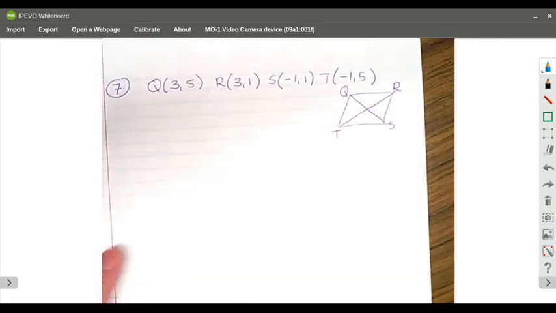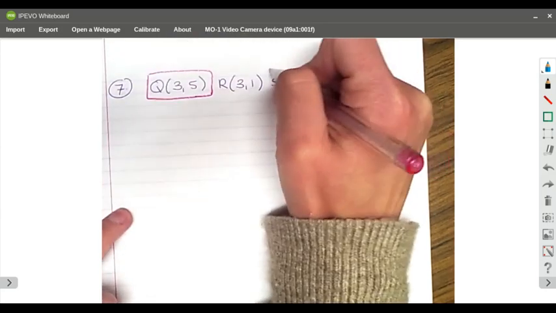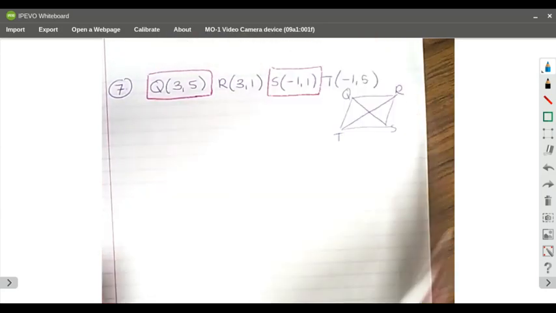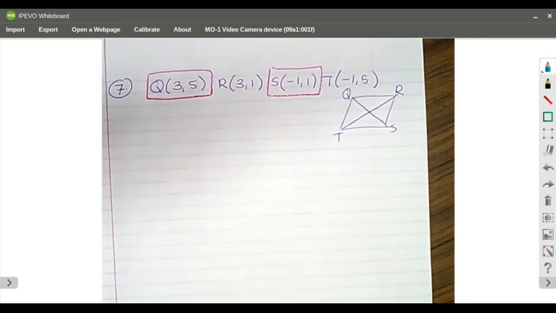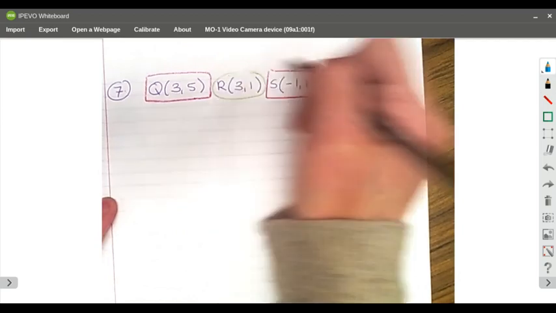So Q and S would go together as diagonals, and then R and T would go together.